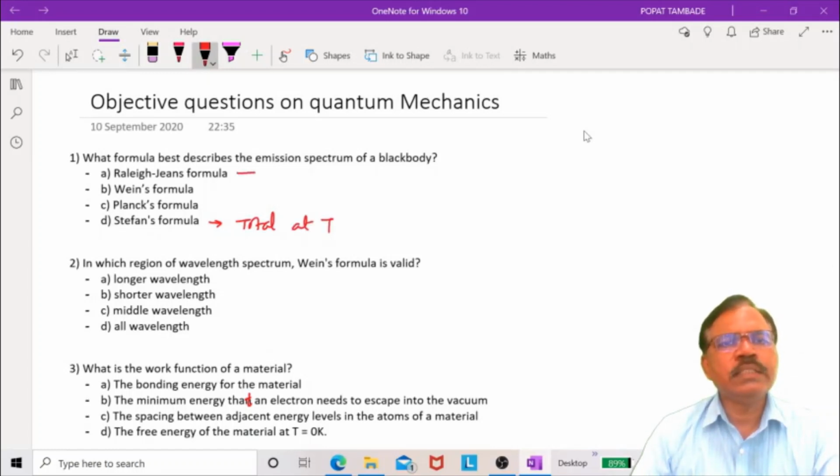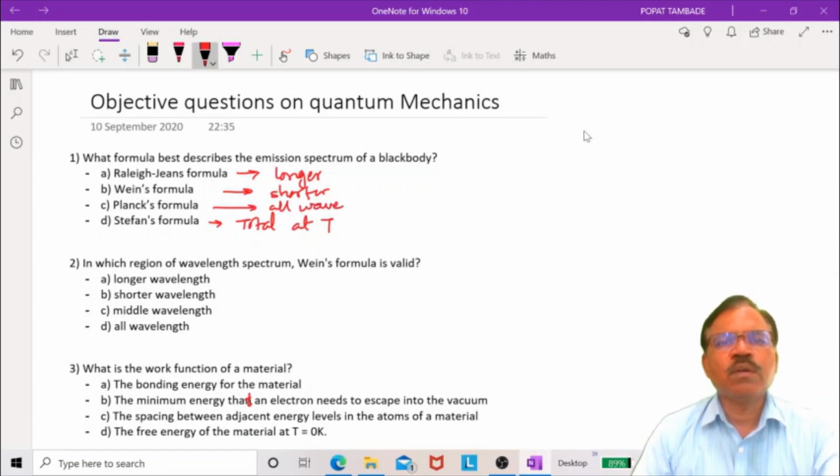Now, the Rayleigh-Jeans formula is valid for longer wavelengths in the spectrum. Wien's formula is valid for shorter wavelengths, while Planck's formula is valid for all wavelengths.